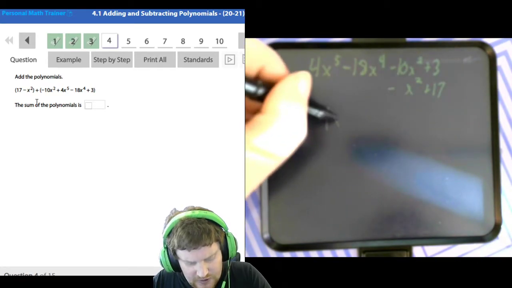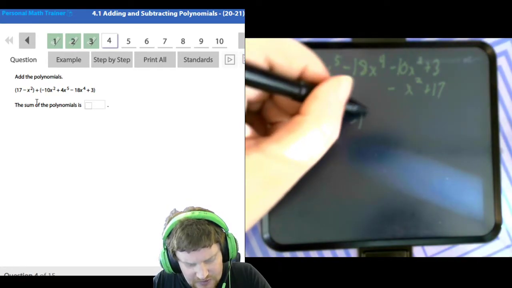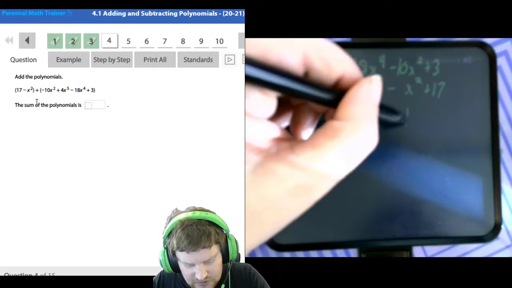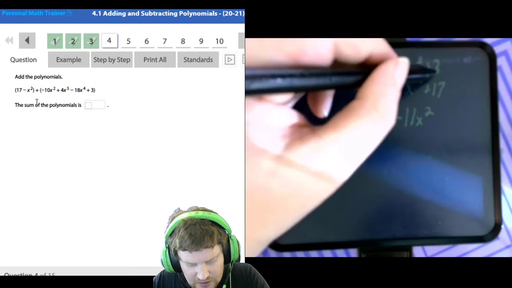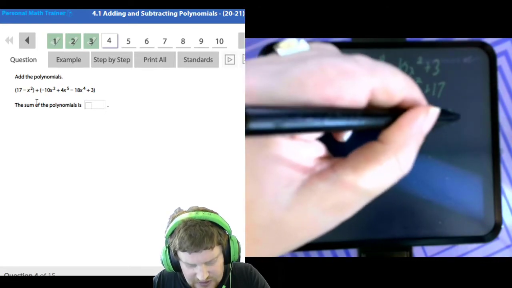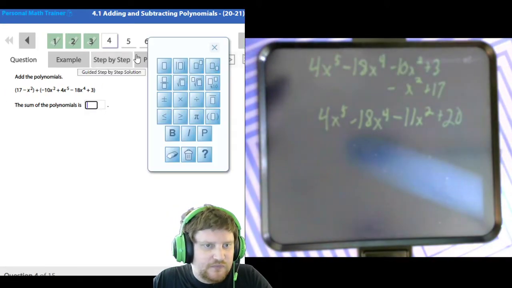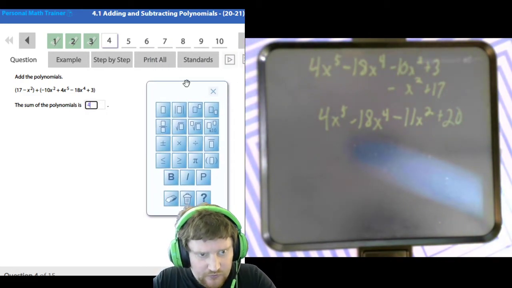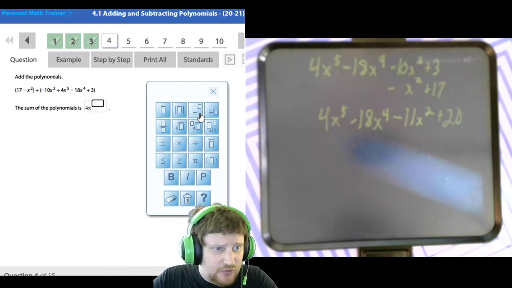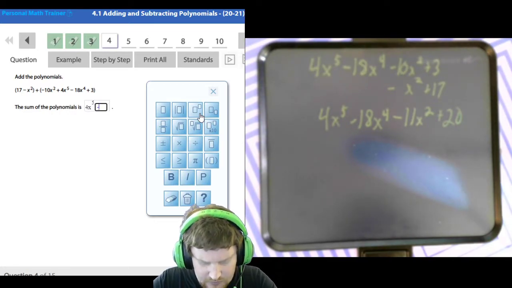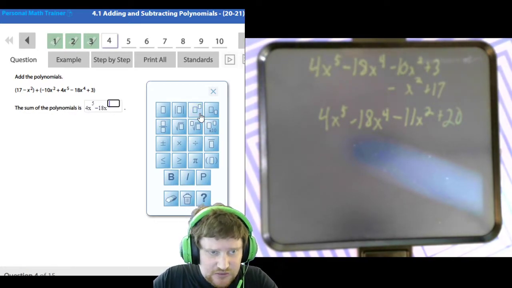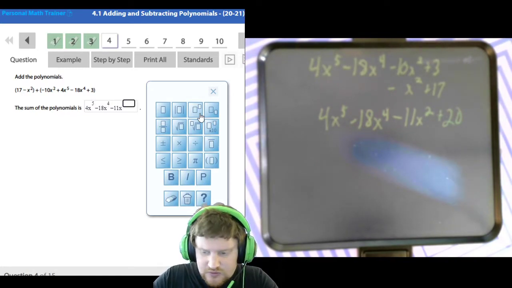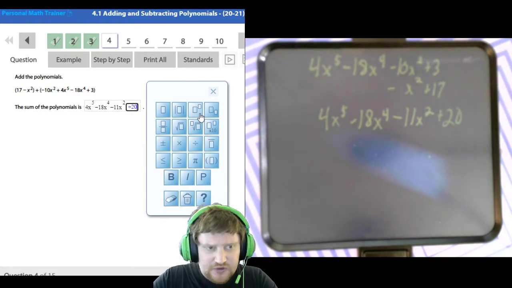So my 4x to the 5th comes down, my negative 18x to the 4th comes down, negative 10 minus 1 is negative 11x squared, 3 plus 17 is 20. So 4x to the 5th minus 18x to the 4th minus 11x squared plus 20.